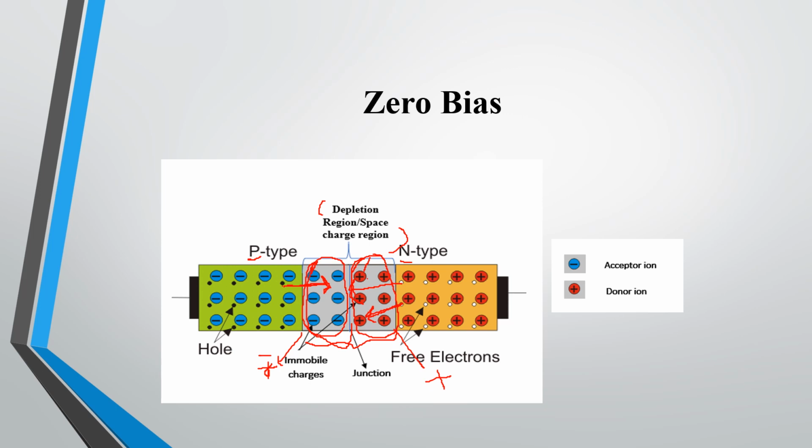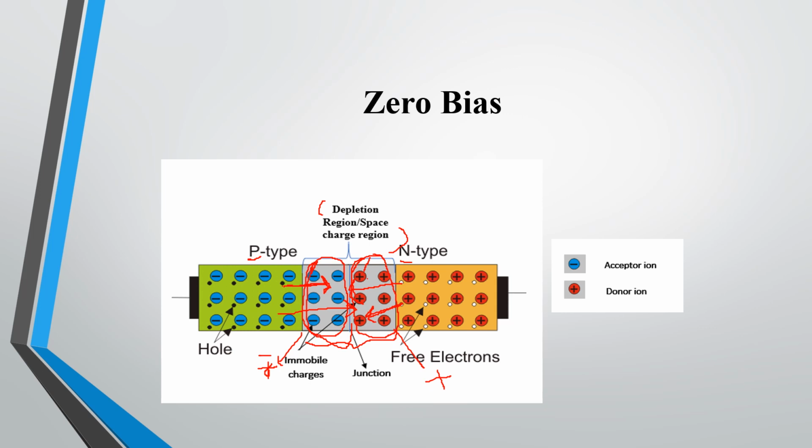So due to these charges, thermally generated minority carriers will start flowing. Electrons, minority carriers from the p side, will move to the n side, that is, they are attracted to the positive charge. Similarly, minority carrier holes from the n side will move to the p side.